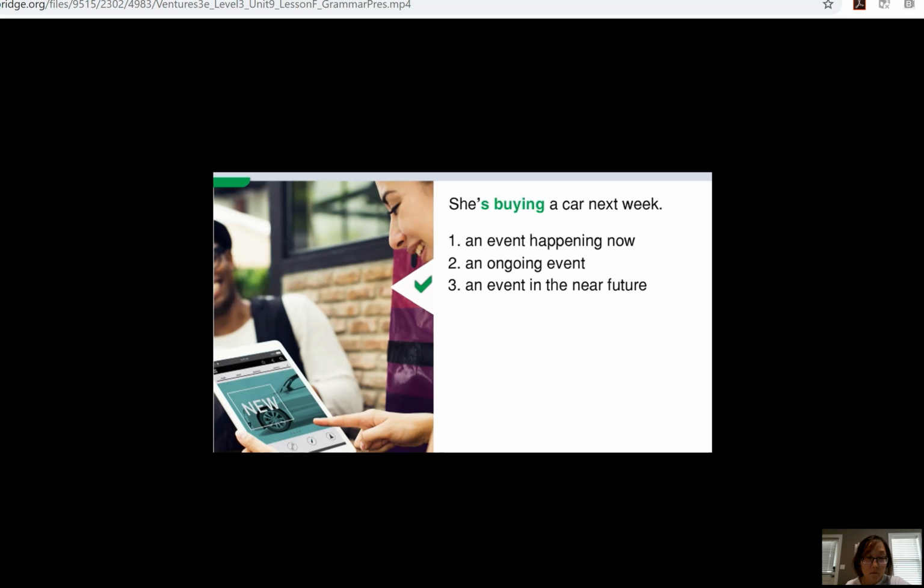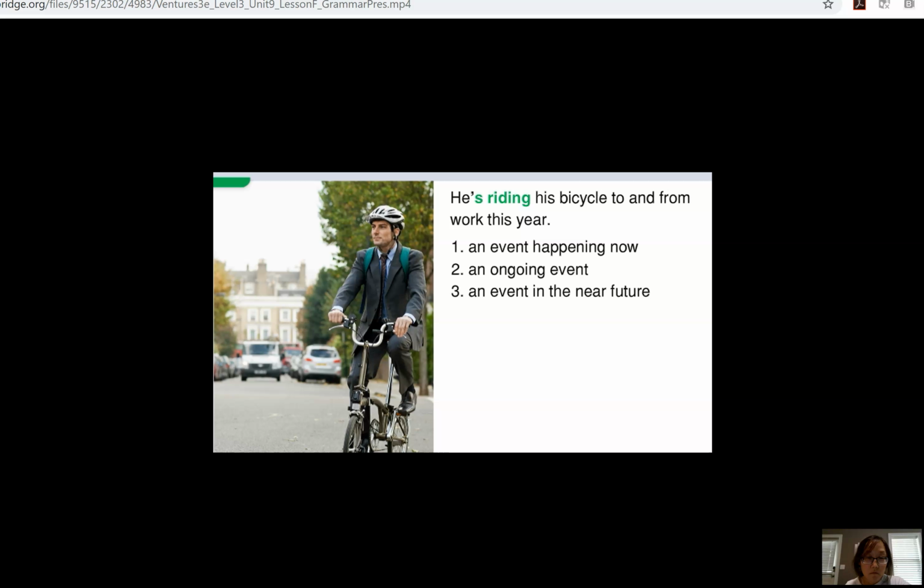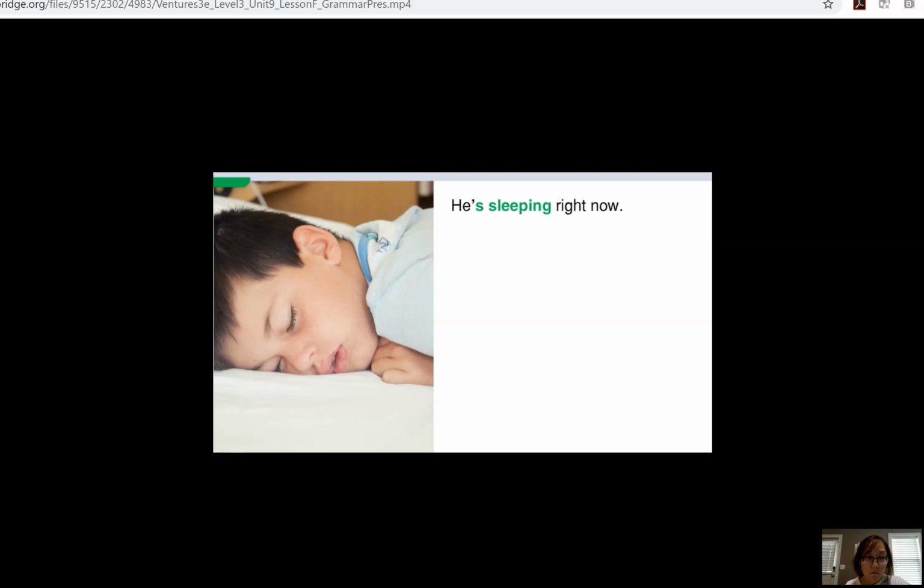3. An event in the near future. He's riding his bicycle to and from work this year. 2. An ongoing event. He's sleeping right now. 1.